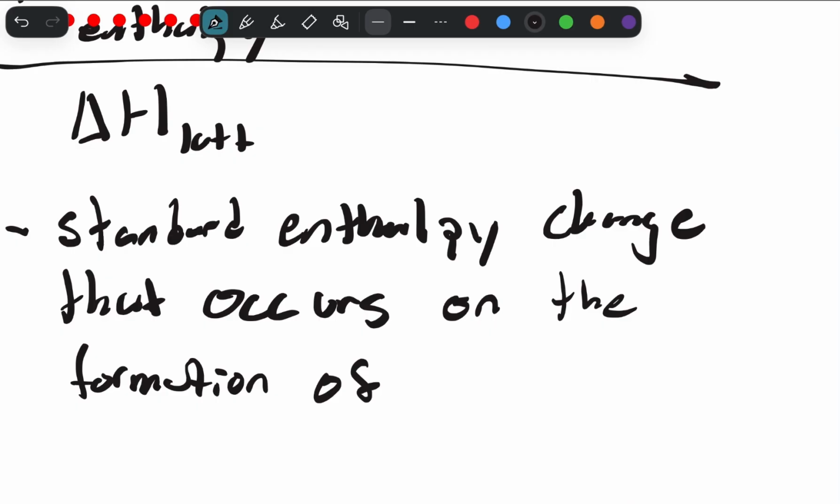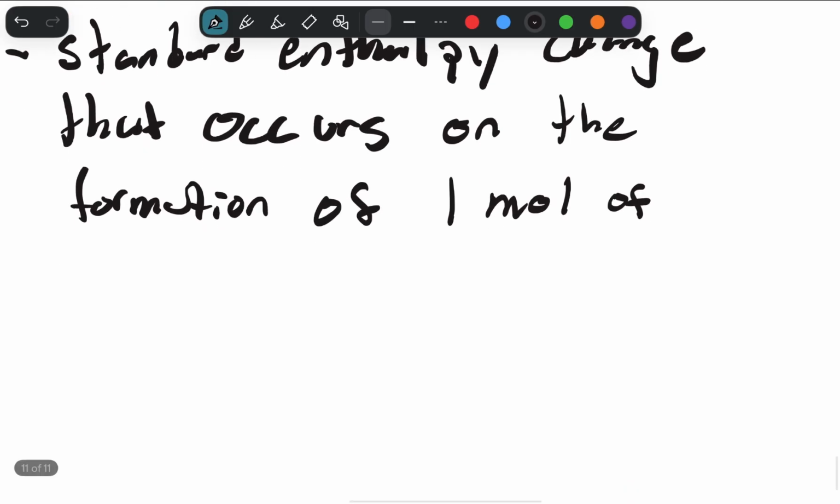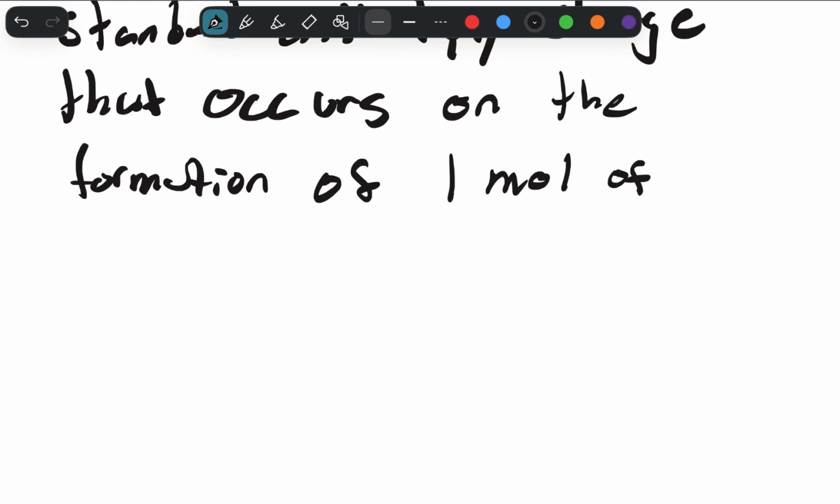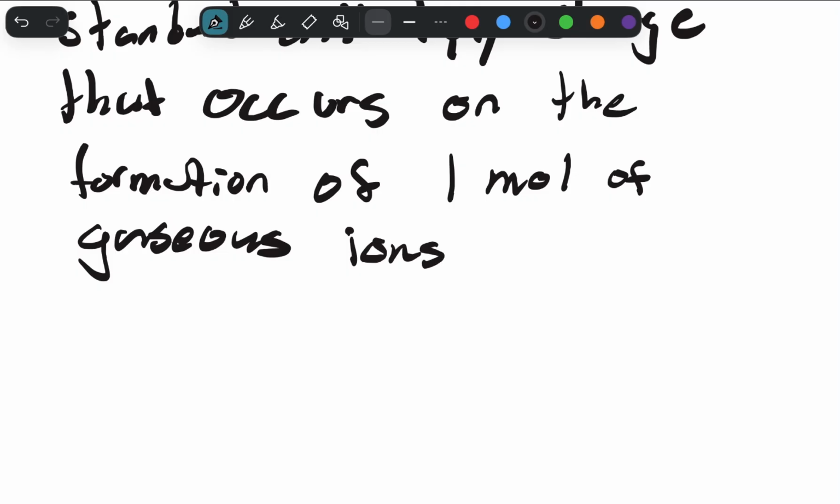Formation of 1 mole of gaseous ions from the solid lattice.